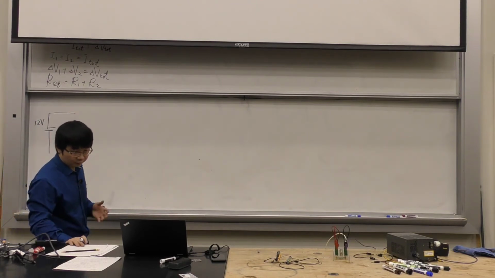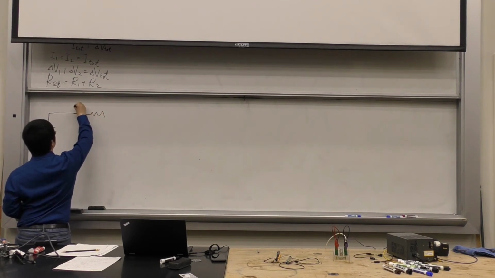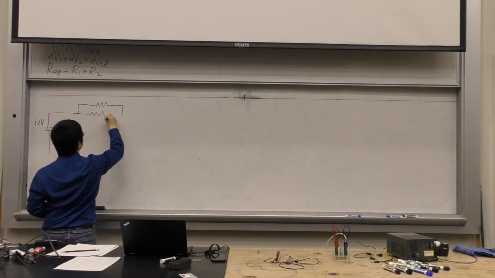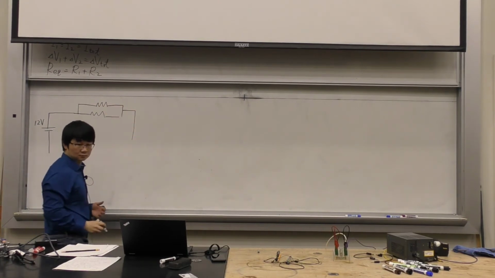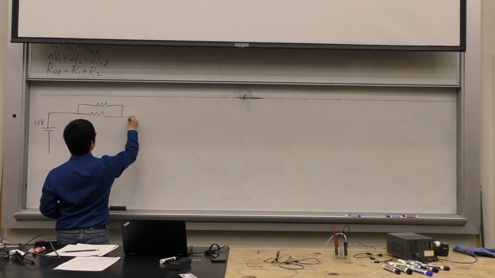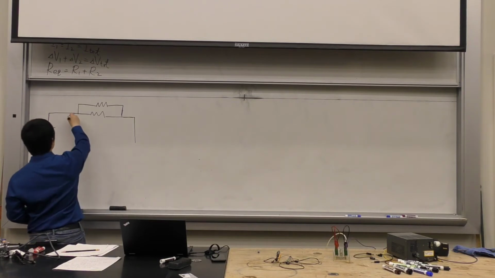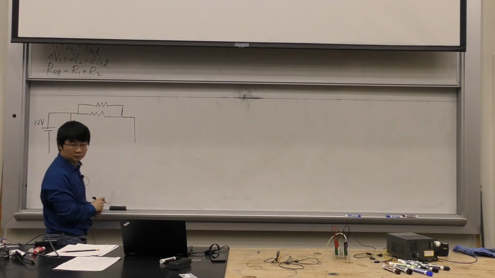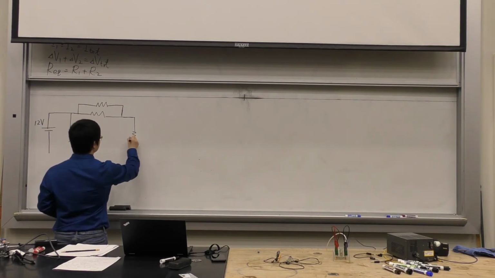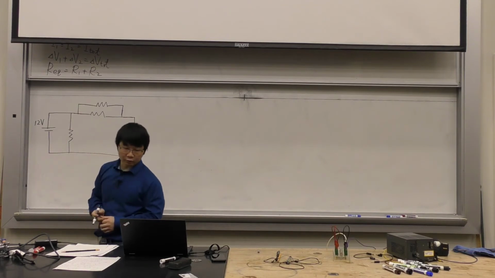There are 4 of them. And then there's one here. There's one here. And we have numbers here.